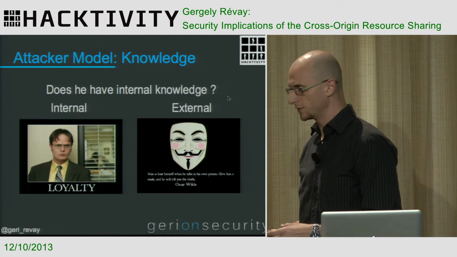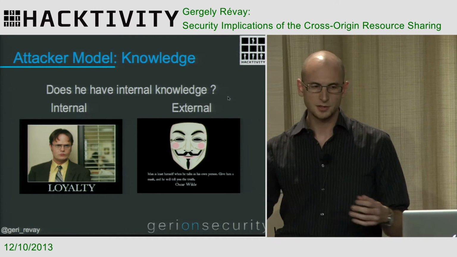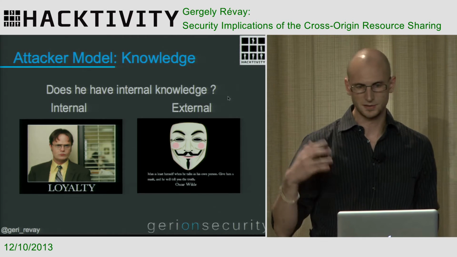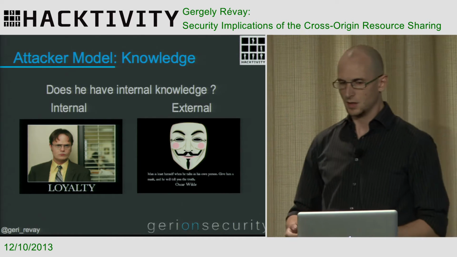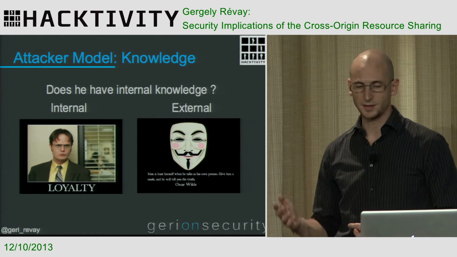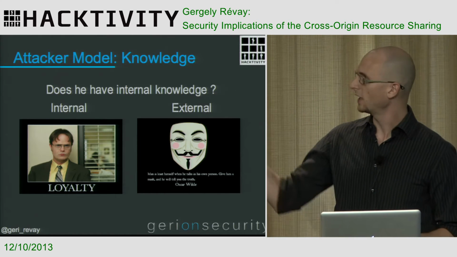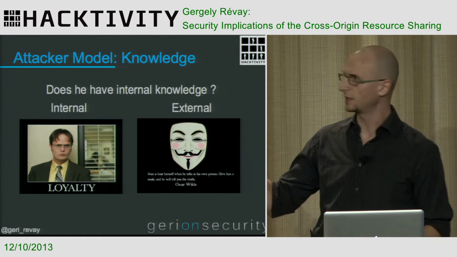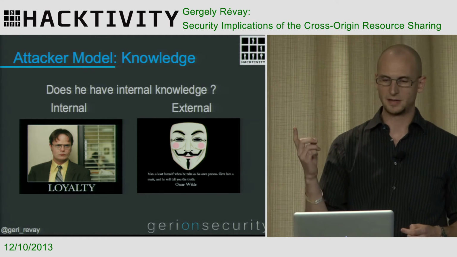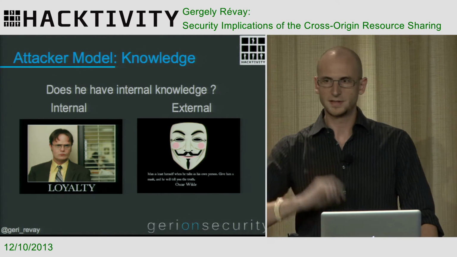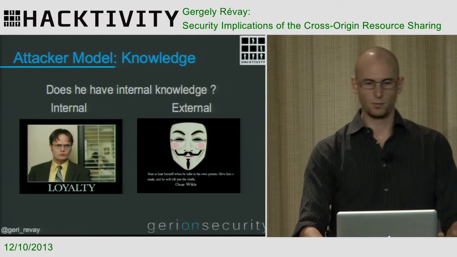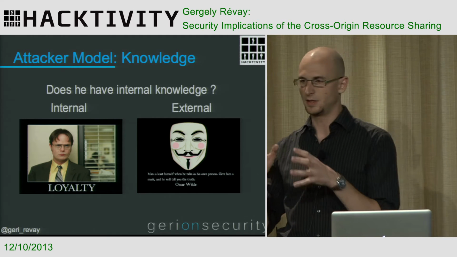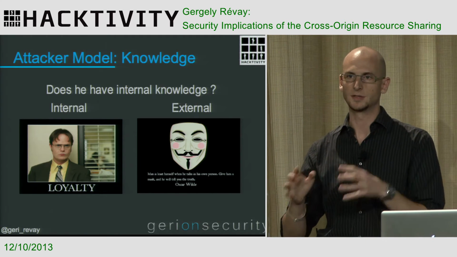So what kind of attackers are we dealing with here? I will actually just ask questions, just to show that there are different kinds of attackers with different goals. What kind of knowledge does the attacker have? I am being a bit confusing here, because when I say internal and external, I mean whether the attacker knows the system he is attacking or not. When I say internal, it means that the attacker has a dedicated target to attack.